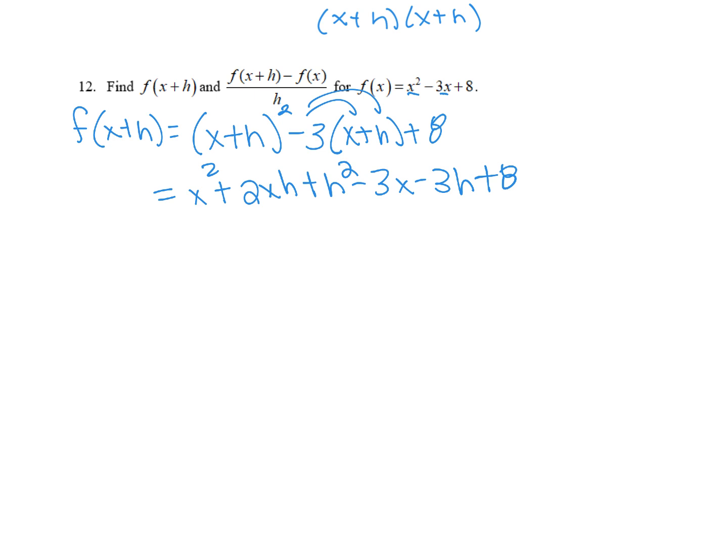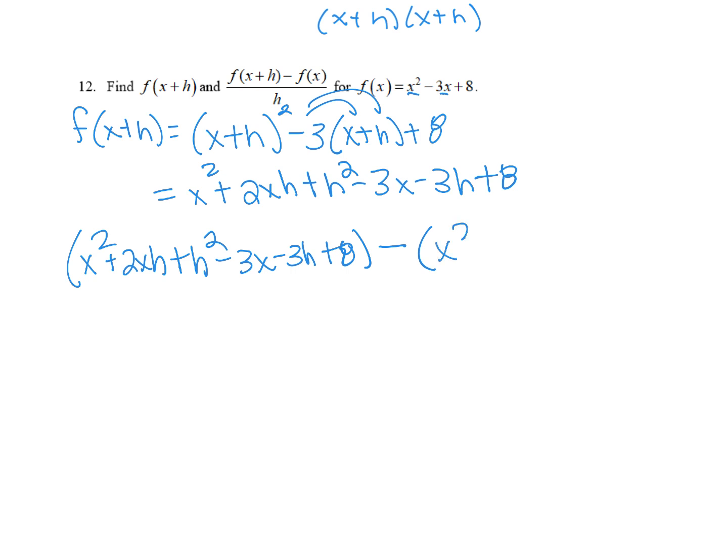And so now to find my difference quotient, I need to do f of x plus h. So that's x squared plus 2xh plus h squared minus 3x minus 3h plus 8 minus x squared, or f of x. So that's going to be x squared minus 3x plus 8, all divided by h.